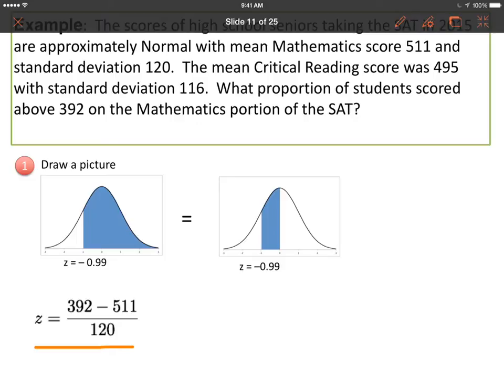All right, so now I'm going to break it up into areas that I can get from the table. Remember, the table gives us areas between a z-score and 0. So let's cut this through the mean again. Okay. And so I'm going to break it up into two areas. The area between negative 0.99 and the mean, 0.